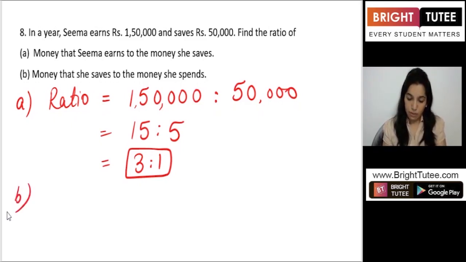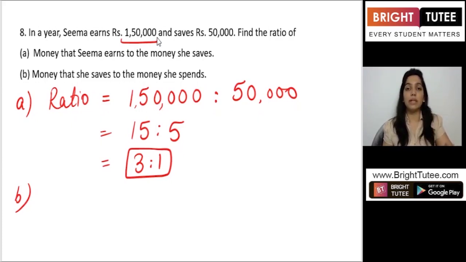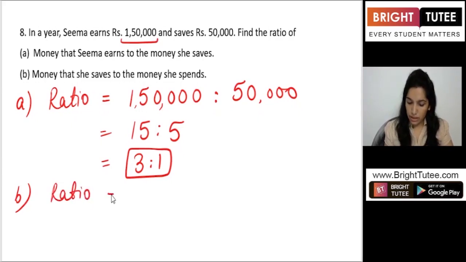Let us do the B part. Money that she saves to the money she spends. If she is saving 50,000 out of 1,50,000, what do you think she is then spending? She is spending 1 lakh, because this is the total earning, out of which 50,000 she is saving. So let us write down the ratio of what she is saving to what she is spending.